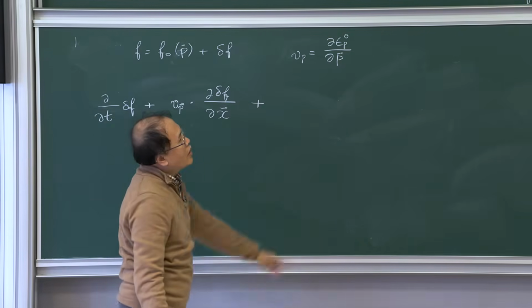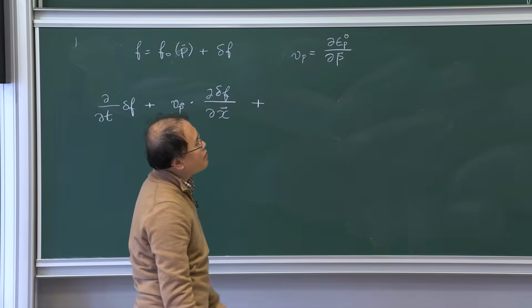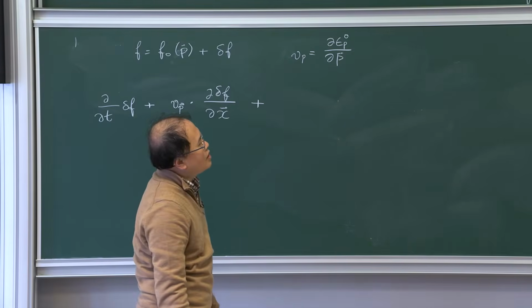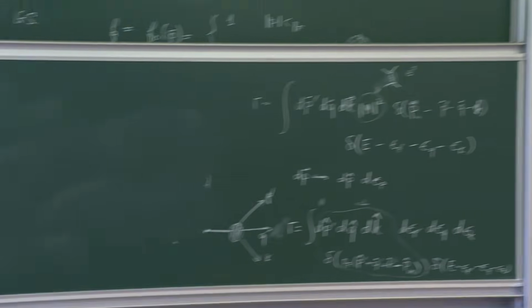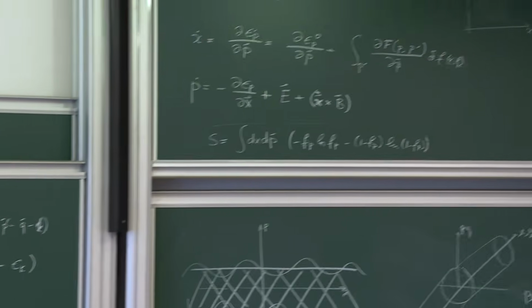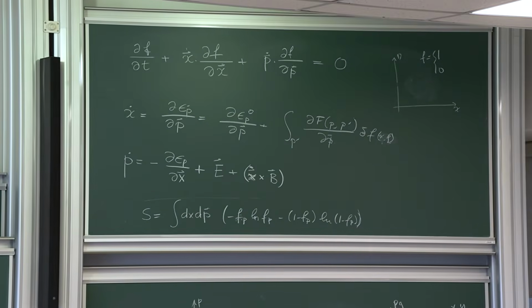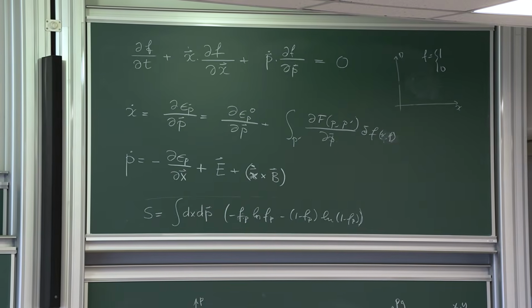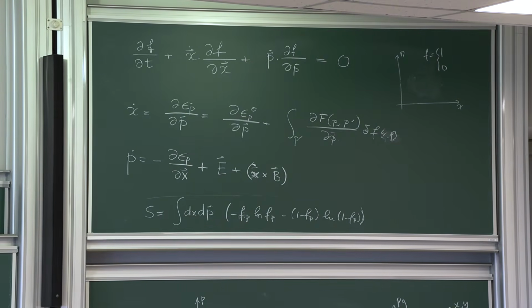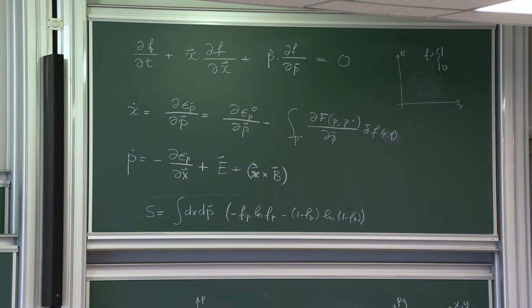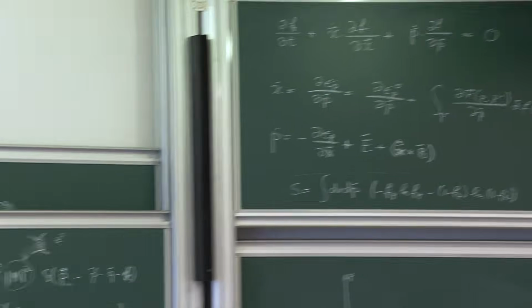And then I have to write p dot. If I have an external electric field acting on the system, that would be E, times df0 over dp, which is equal to 0, minus.